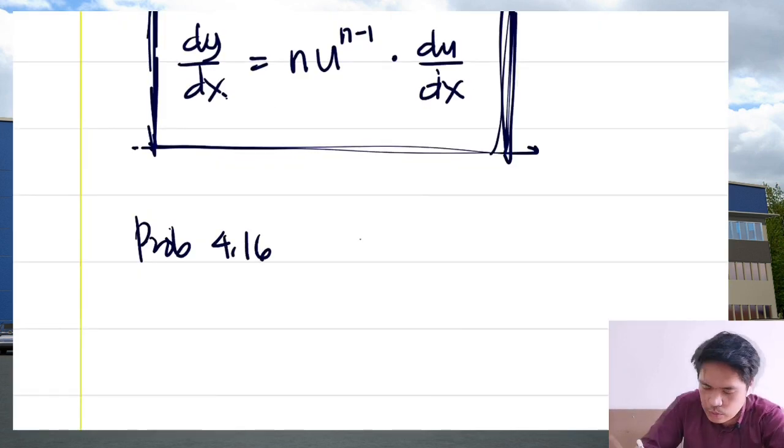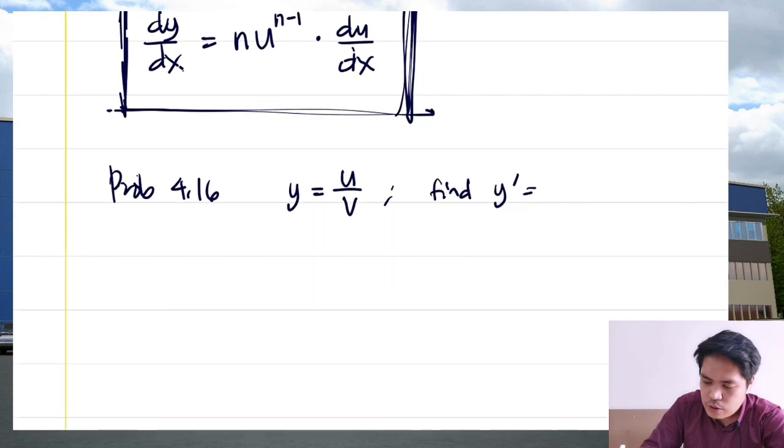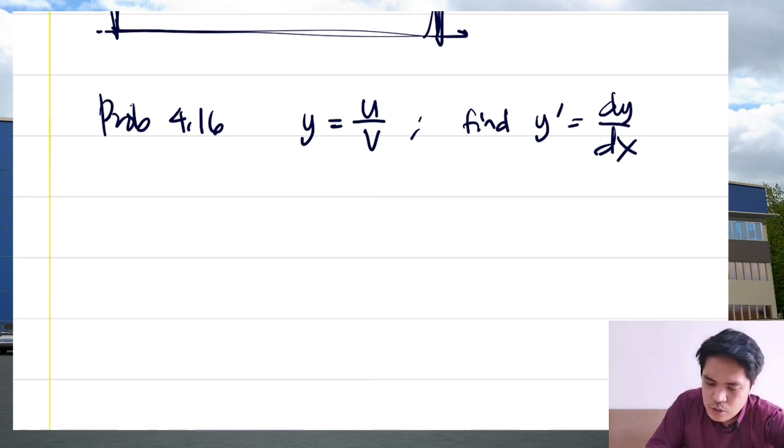So let's take that as problem 4.16, which is y equal to u over v, and we need to find y prime, or let us define y prime as dy over dx. Okay, so yung gagawin natin. Suppose di pa natin alam yung quotient rule, we'll apply the product rule and the chain rule.